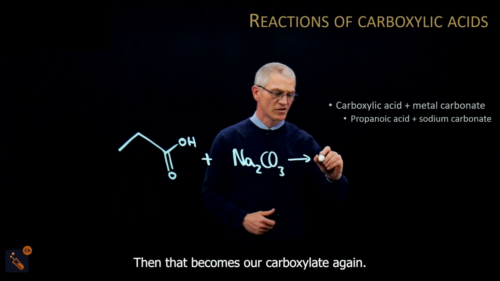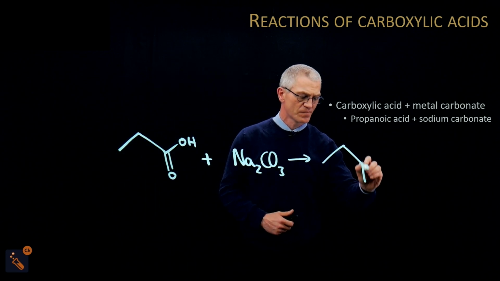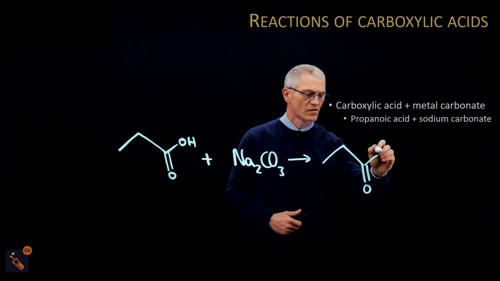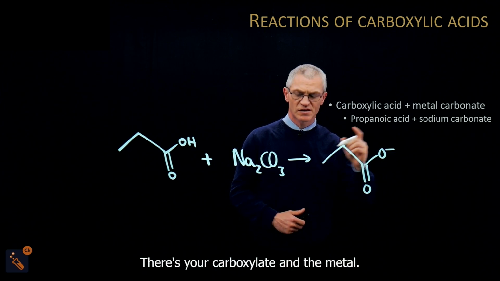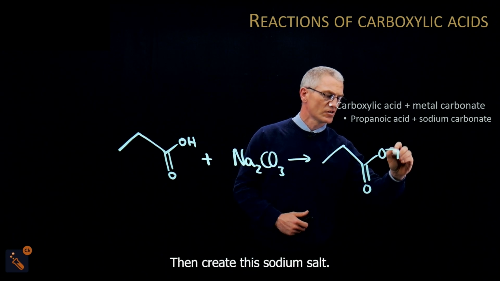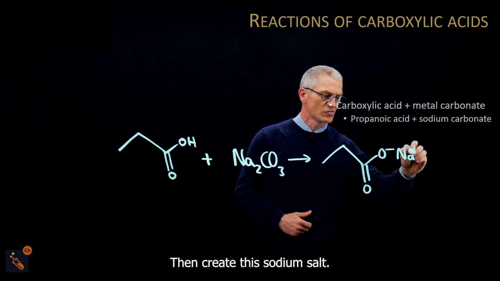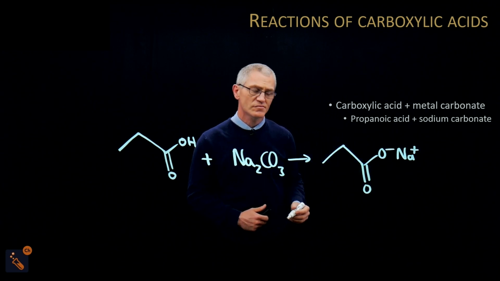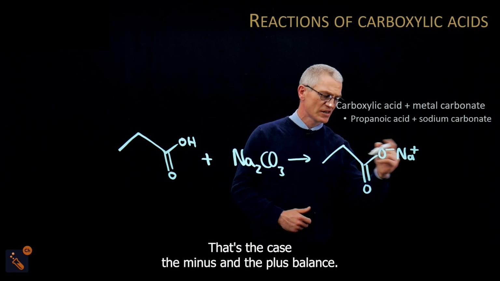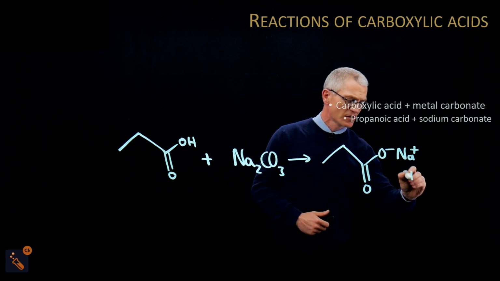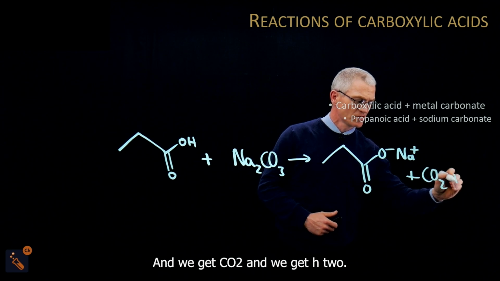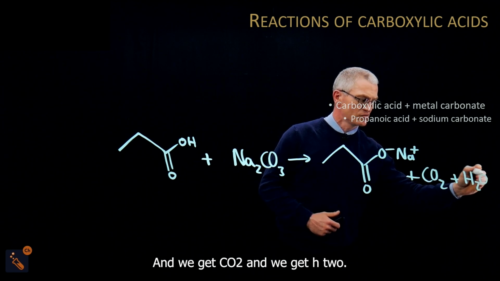Then that becomes our carboxylate again. There's your carboxylate, and the metal will then create this sodium salt. That's the case, the minus and the plus balance, and we get CO2 and we get H2O.